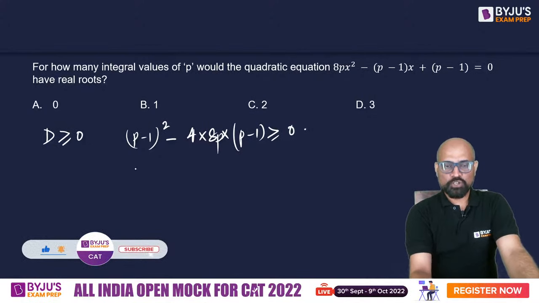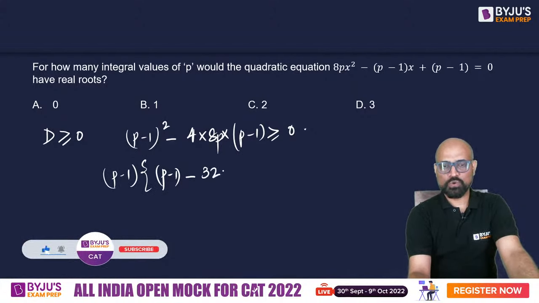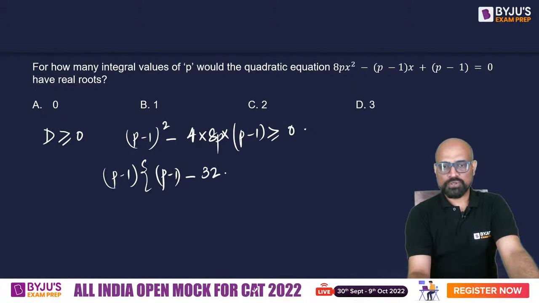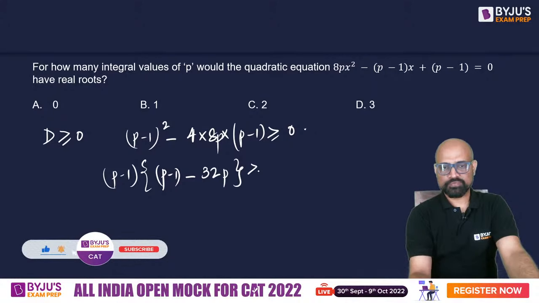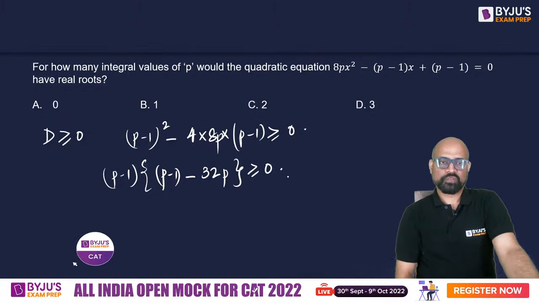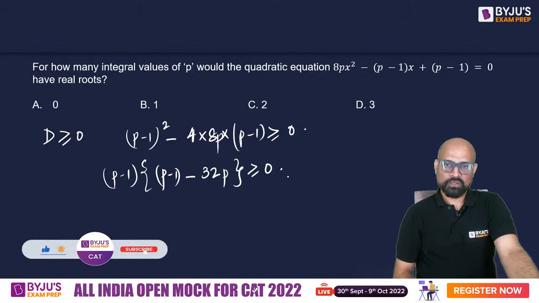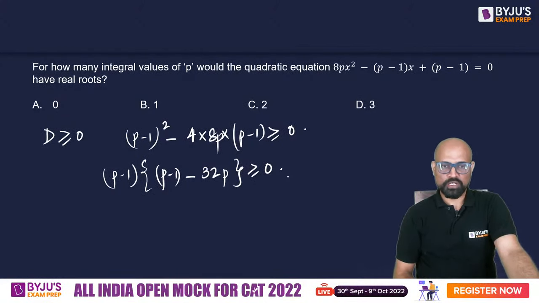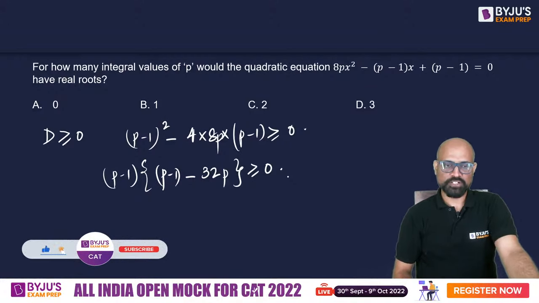So what we can now do is take out p minus 1 common. So we are left with p minus 1 over here, and then we are left with 32 into p. Right? b square minus 4ac. So b is p minus 1, a is 8p, and c is p minus 1. If we take out p minus 1 common, we are left with p minus 1 minus 32p.